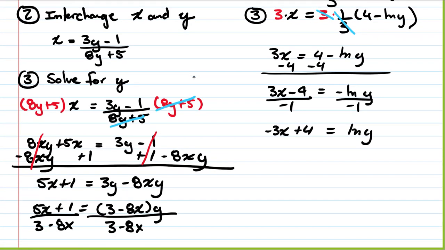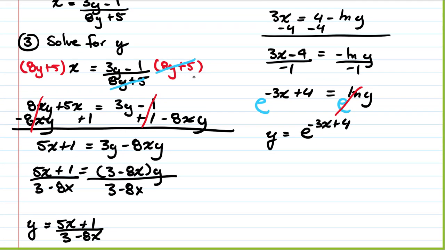So then finally, raising both sides of the equation to the e in order to reduce out our natural logarithm, because e and natural log are inverses, we finally get y is equal to e to the negative 3x plus 4. So then our inverse f inverse of x is e to the negative 3x plus 4.